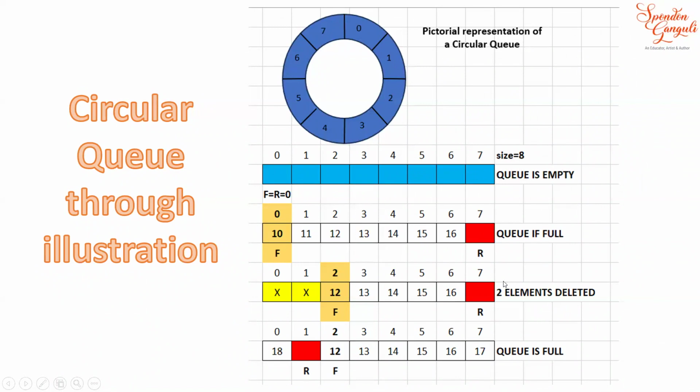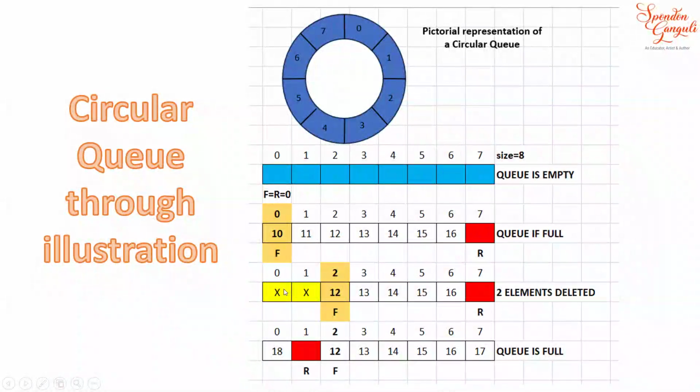Now if we delete some elements, 2 elements deleted, front shifted from 0 to 2. In a normal queue, you cannot access these 2 cells because rear is already at the last, rear cannot move further, and you cannot insert at front.